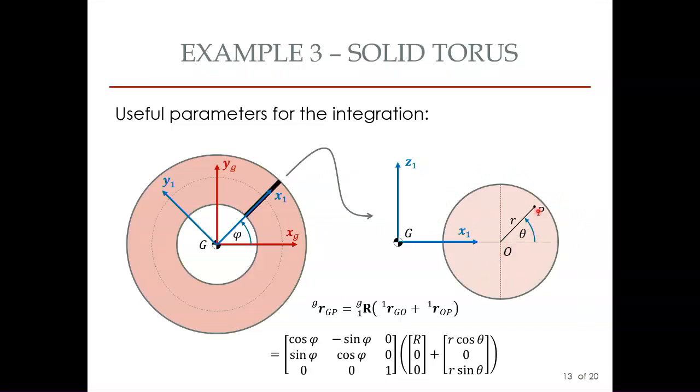Okay, so for this one, I'm using these r and theta coordinates, where theta is measured from x1, which is this one, and r is from the center. So O, point O, is the center of the section.